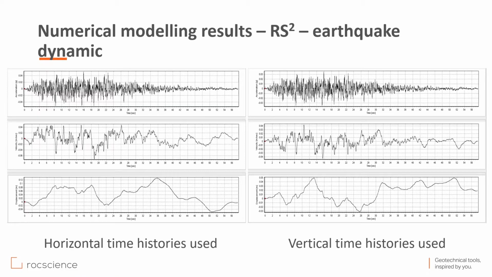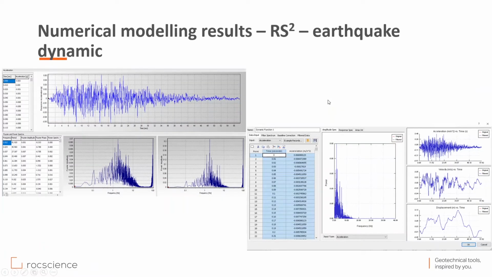For the dynamic investigations, we used the following time series. This is the horizontal, this is the vertical one. Also, in the past, we had to use several other specific software to make baseline corrections and to solve the filtering issues, but now in Rocscience we have a developed engine which makes it possible to solve these issues. You will see later on.